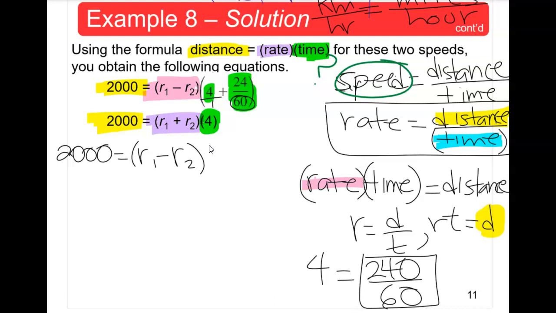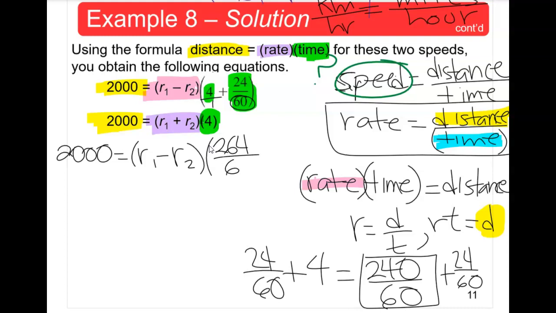So now that we have that, if we want to add the 24 over 60 to this one, is going to give us 264 over 60.